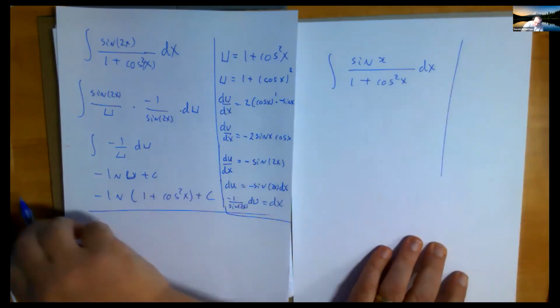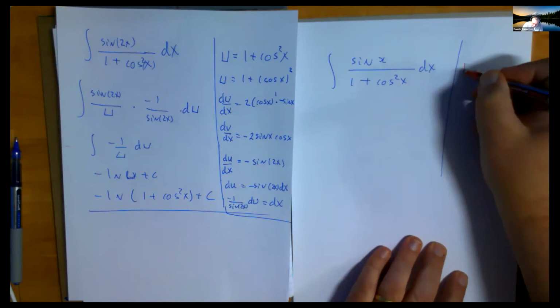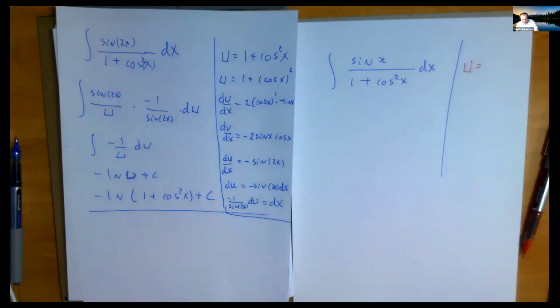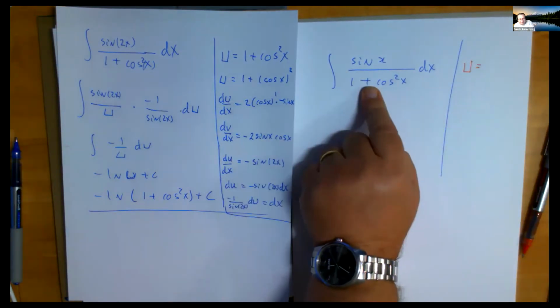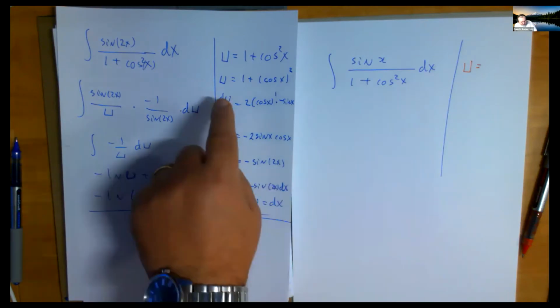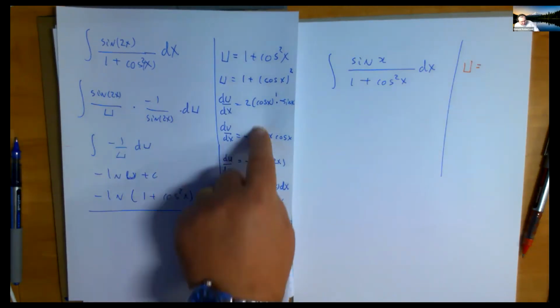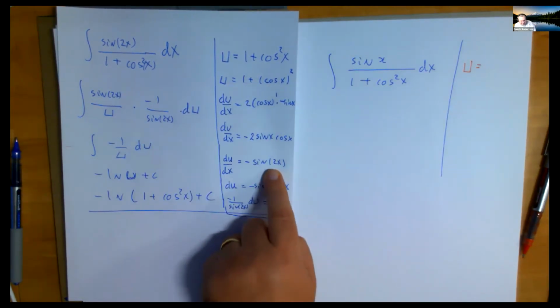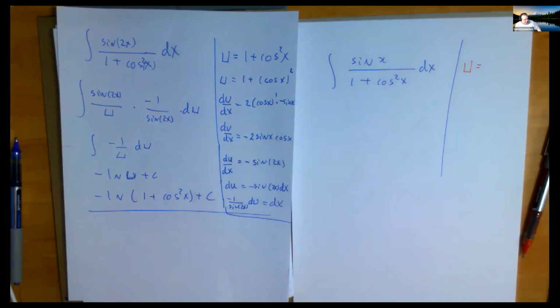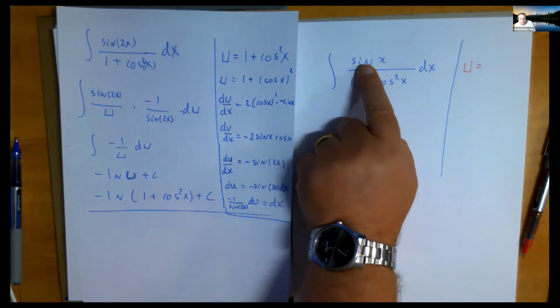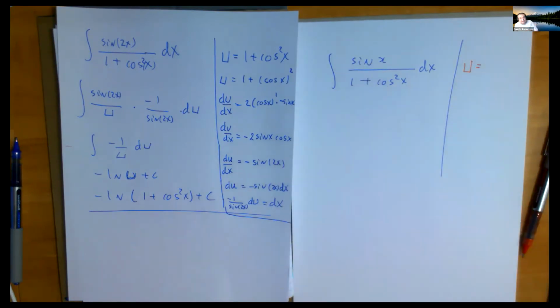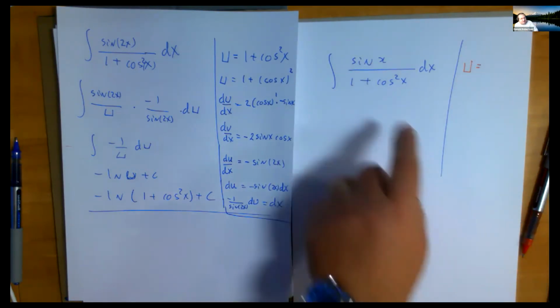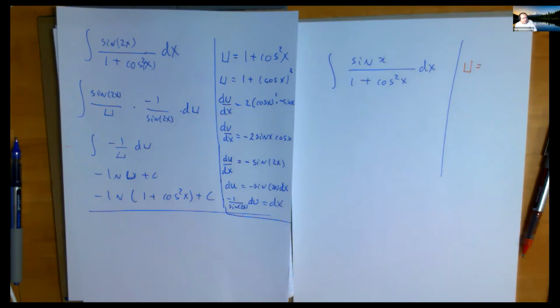All bets are off now, special case. 1 plus cos squared x, the entire bottom, does not work. Can you see from this working here, you end up with a sine 2x, not a sine x. They're not going to cancel out. I can't say never, but it's very, very unlikely that sine x is going to work, and it doesn't.